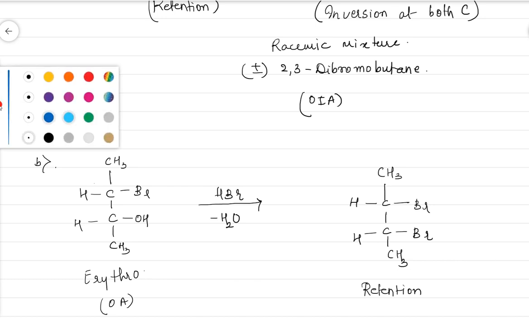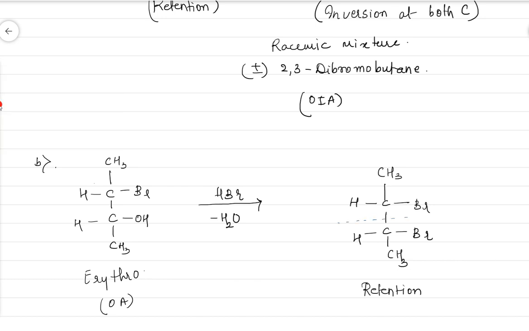But what is this? This is a meso compound, because there is a plane of symmetry, right? Meso is optically inactive because of internal compensation. Half of the molecule will rotate to the right, half of the molecule will rotate to the left. So this is optically inactive by internal compensation.